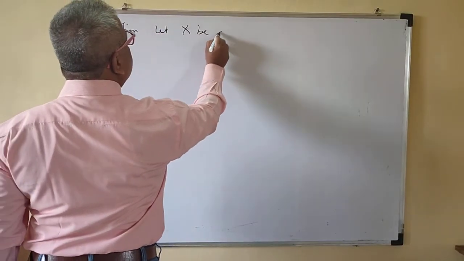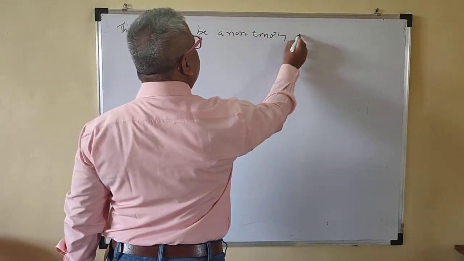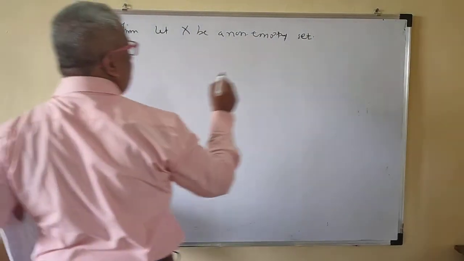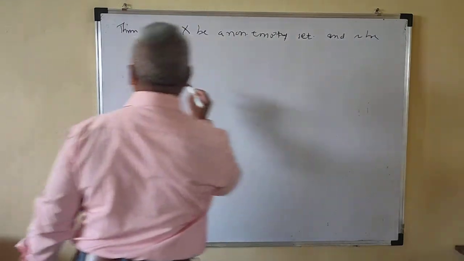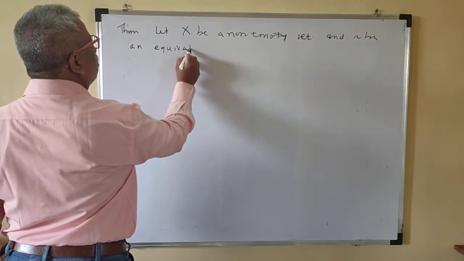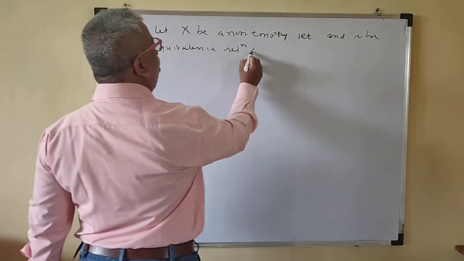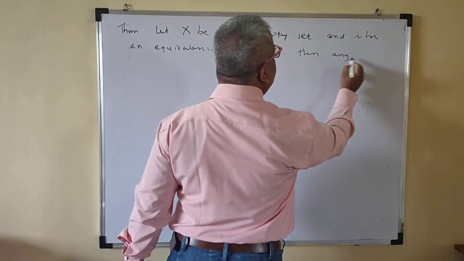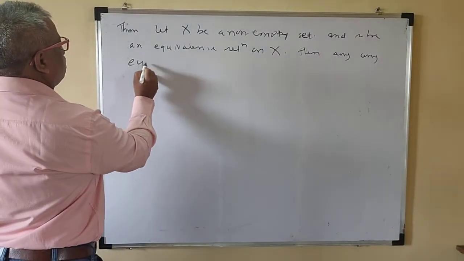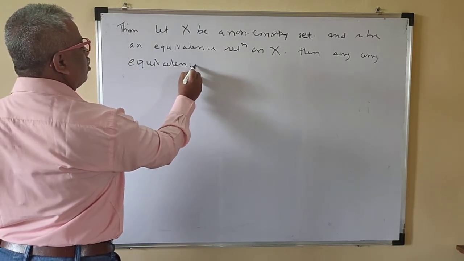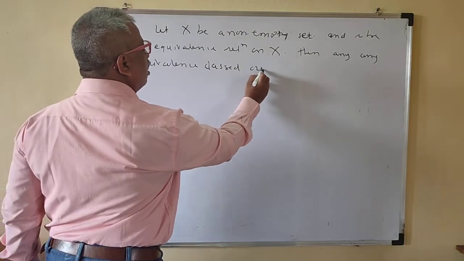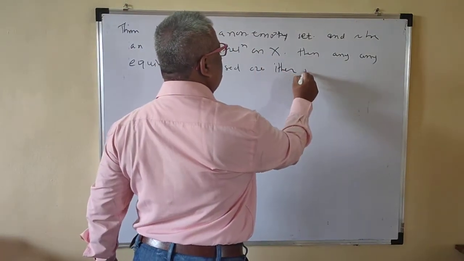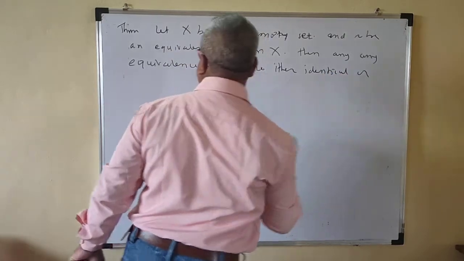Let X be a non-empty set, and let tilde be an equivalence relation on X. Then any two equivalence classes are either identical or disjoint.